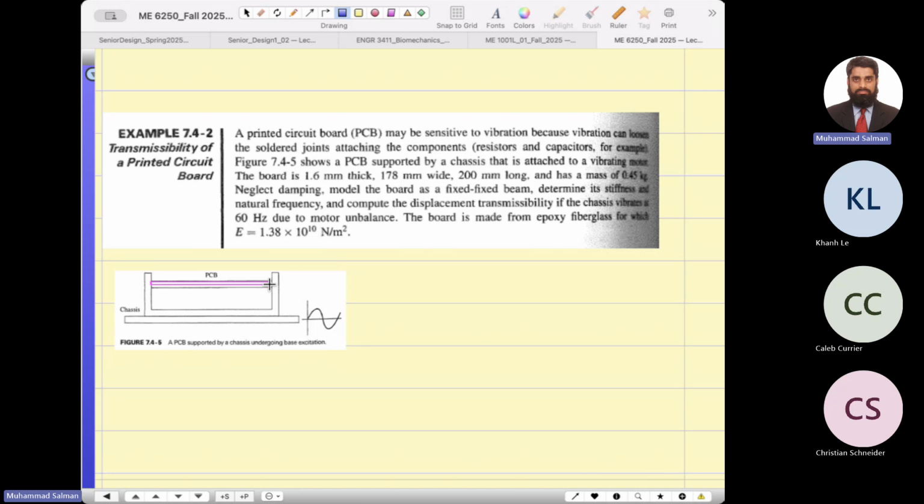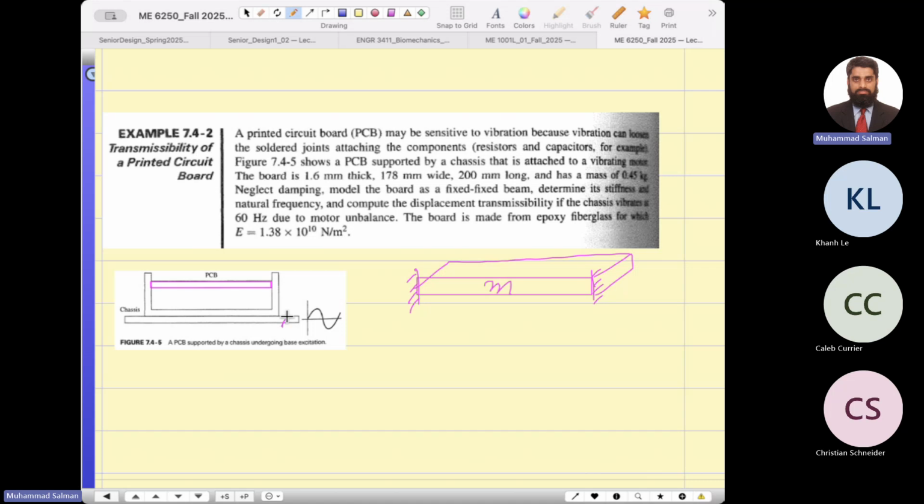PCB is like a fixed beam, and if you have a fixed beam, this end is also grounded, this end is also grounded, it has a mass, and effective mass is... let me draw this a little bit three-dimensional. The PCB is supported by the chassis, and the chassis is vibrating by a motor.